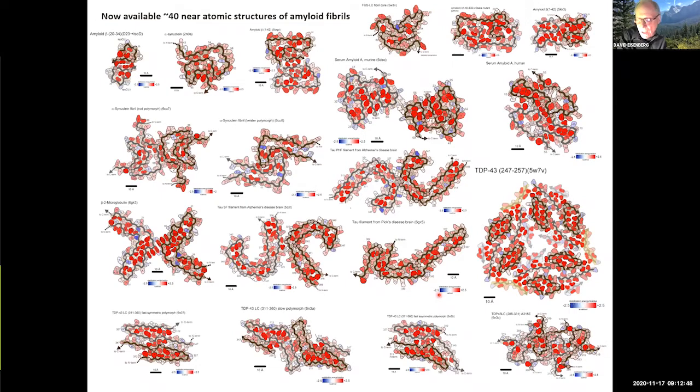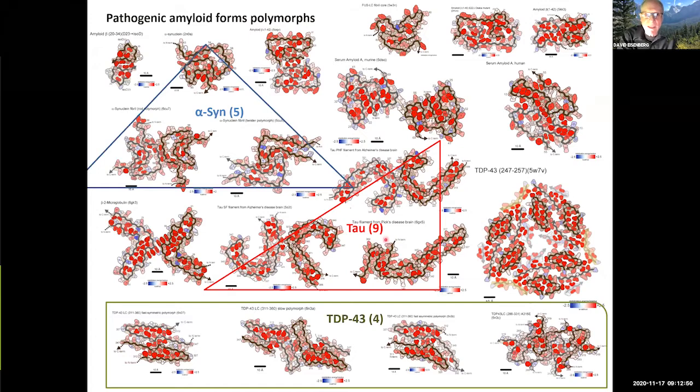And the common theme is, first of all, that there are several polymorphs for each of these sequences. So this is alpha-synuclein. To date, I think there are 5 different polymorphic forms, same sequence, but it folds in 5 different ways. That is, forming layers which have different structures.